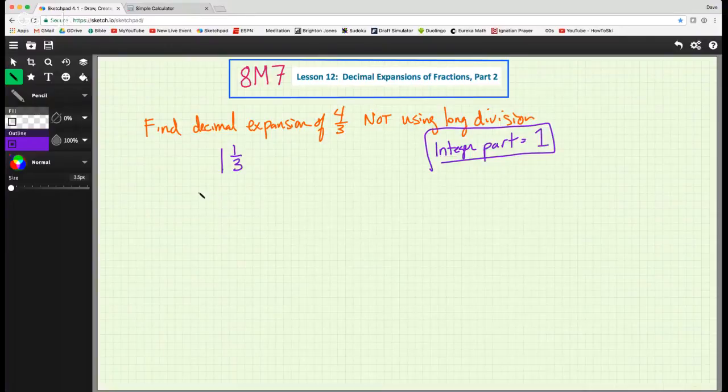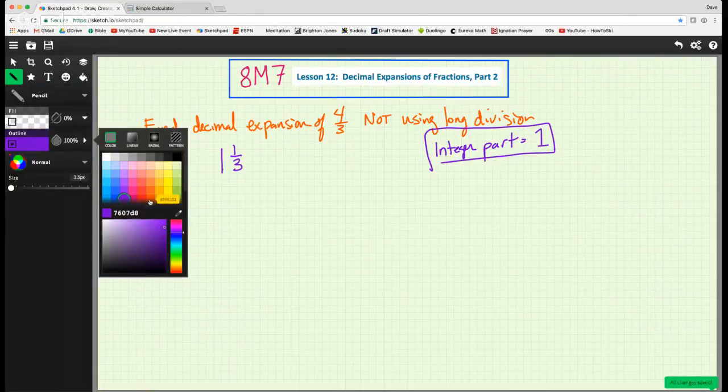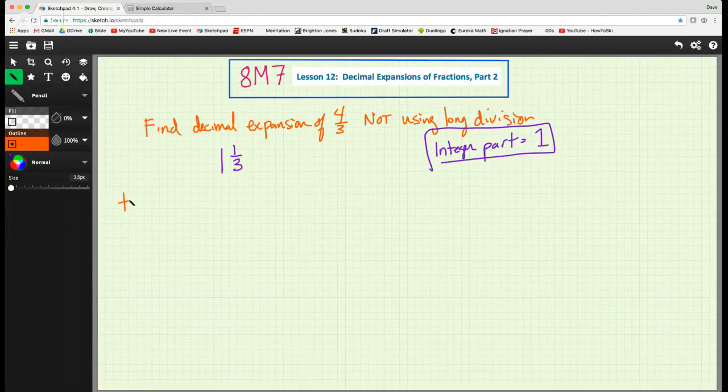So we're just going to find our tenths. Let me use a different color each time, so let's go to orange. We know that m over 10 is less than or equal to 1/3, because we already found our integer part, so now we're just finding our fractional part, and that's less than m plus 1 over 10.